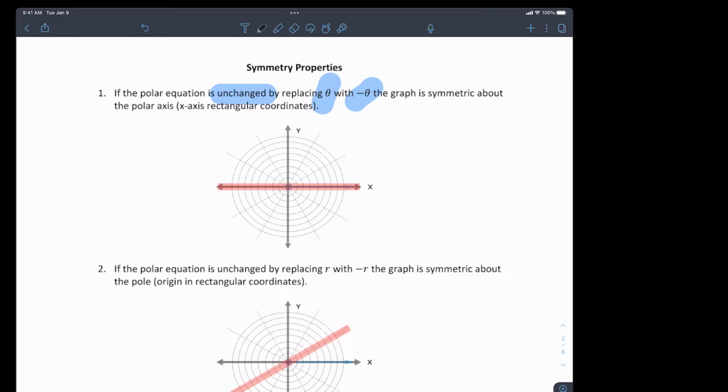Like cosine, that happens. That's when it's even. And what happens when you have an even situation? It's symmetric about the polar axis.